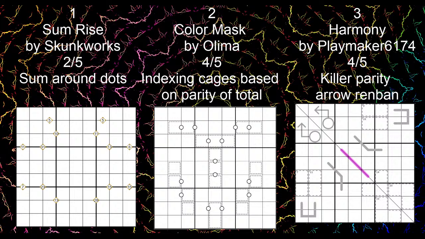Harmony is pretty looking. Are we going to get a third number 3 vote? Alima's puzzle and Skunkworks puzzles crying because they keep getting outvoted by number 3. Oh, number 1 is pulling ahead.